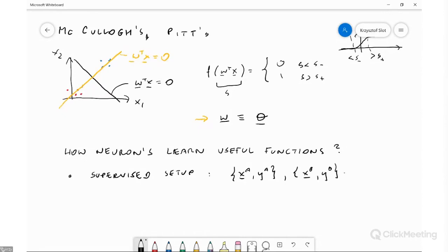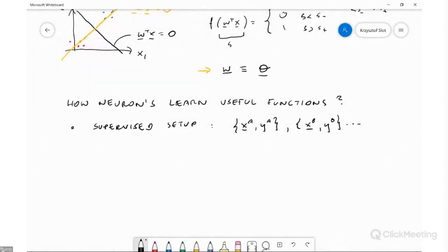There will be many examples, and I will be expecting my neuron to learn to classify them correctly, that means to produce appropriate labels if it sees something that is similar to one of these training examples. So that's one of the ways that neurons learn.